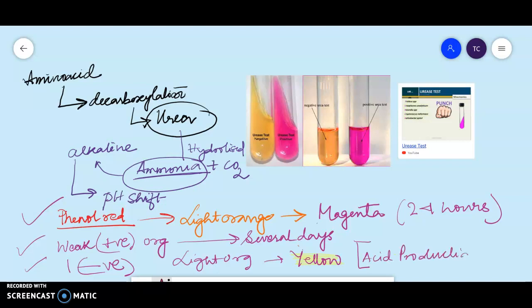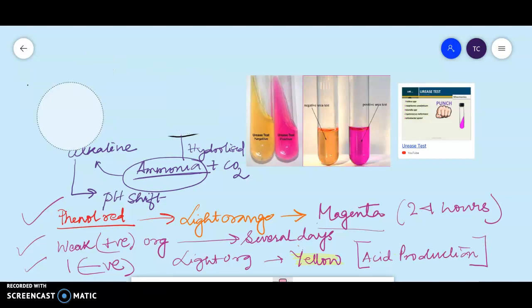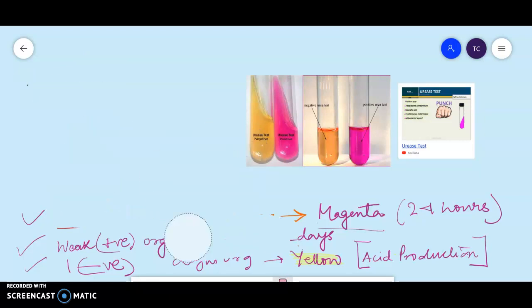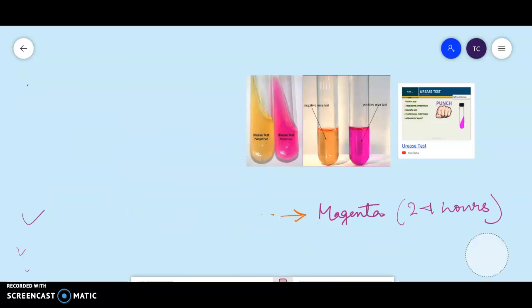So now I think you have come to understand that acid production will change the color to yellow, whereas alkaline production will change it into a magenta color. Okay, so now I will write down the formula of the overall reaction, the basic principle of your urease production test.